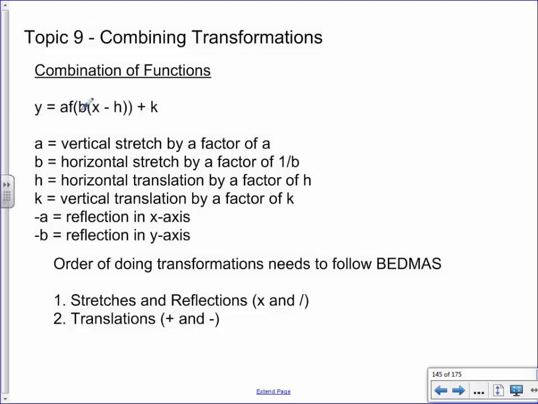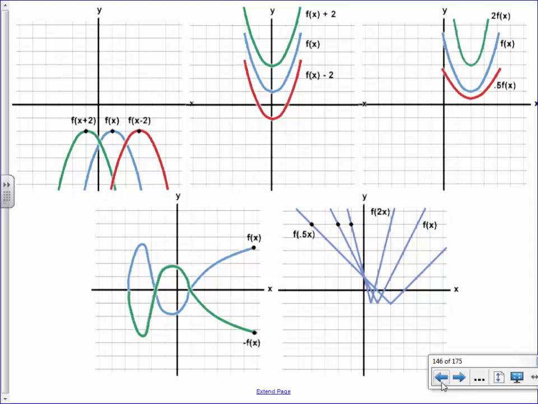This B sitting on the inside is what causes things to pull in or out. This H causes things to go left or right. And this K causes things to go up or down.